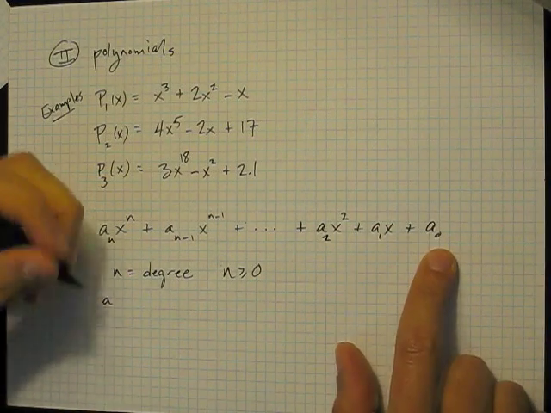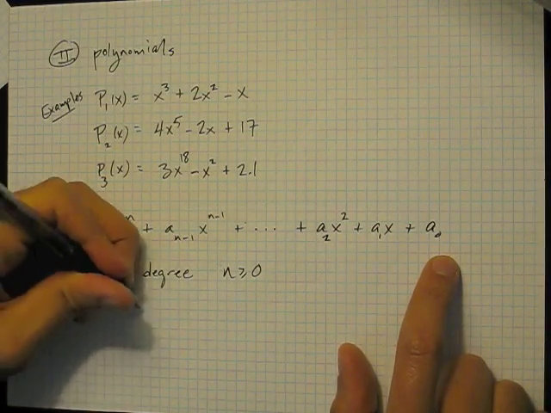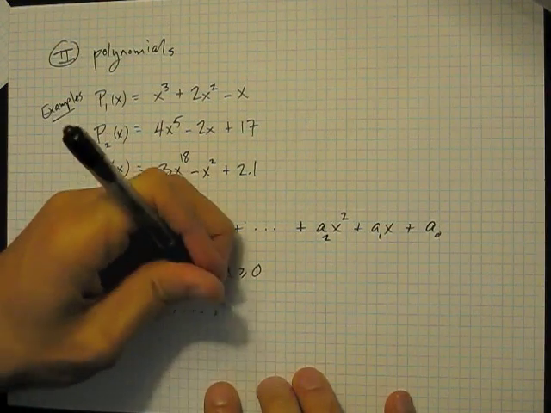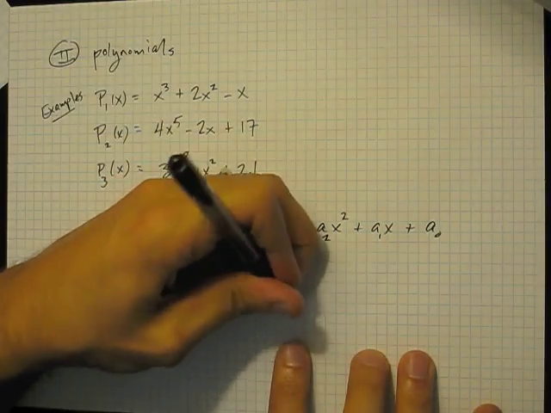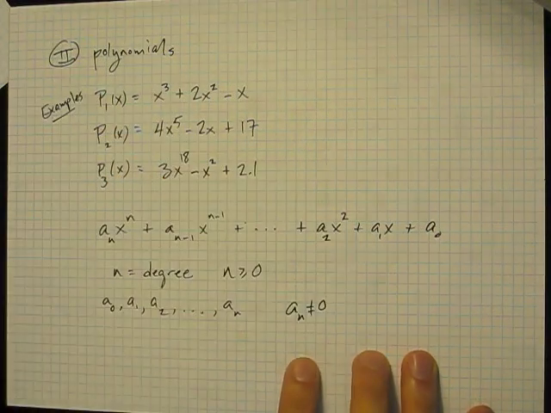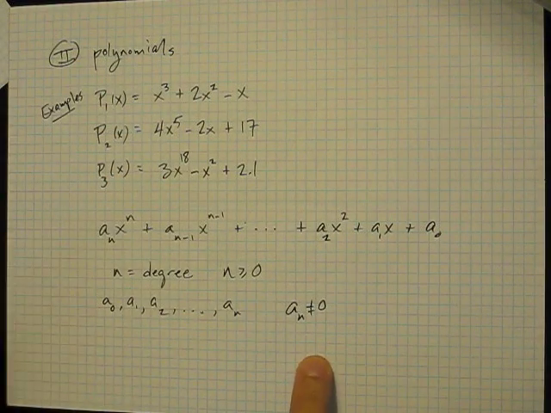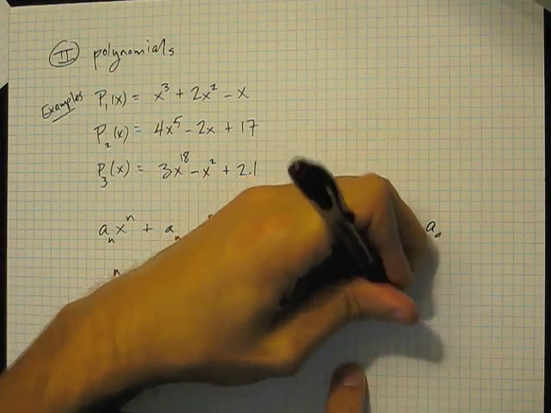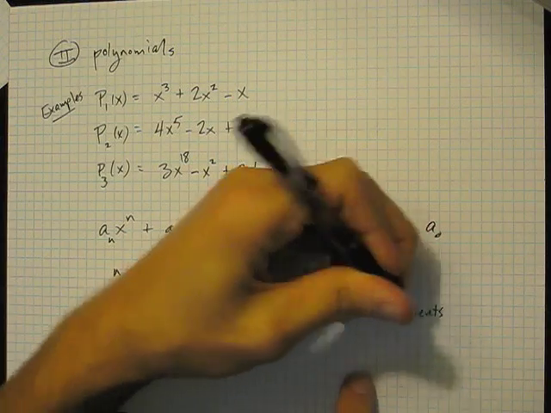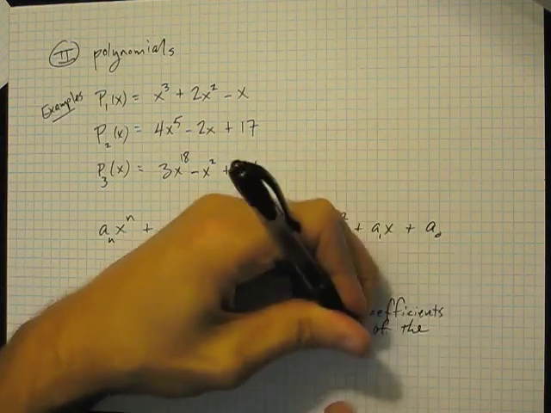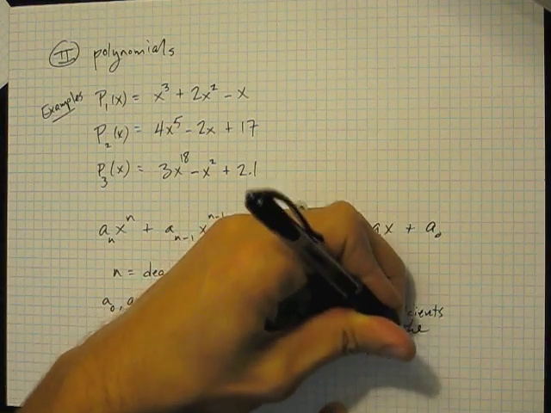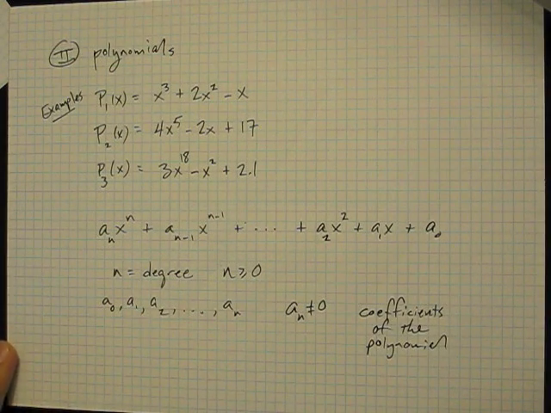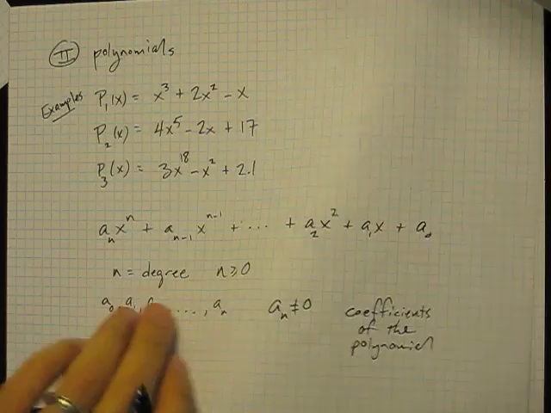These numbers starting at a0, a1, a2, all the way up to an. Here we pretend an is not 0, because if it is 0, then this isn't there. These are called the coefficients of the polynomial. Okay, and so that's polynomials.